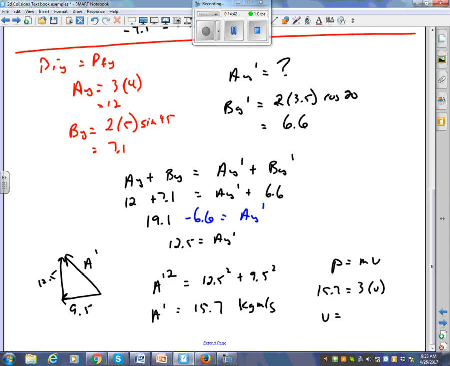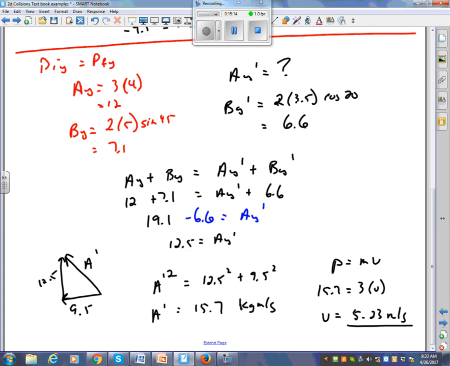So 15.7 divided by 3, and you get 5.23 meters per second. Oh, and am I done?